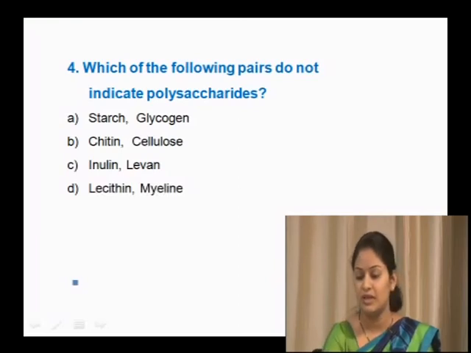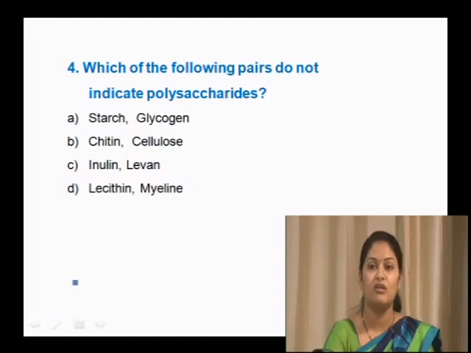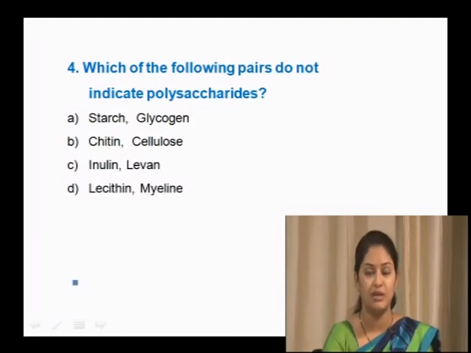Just remember, lecithin is found in soybean and egg, and is important in the working of memory associated with brain cells. So whenever a person has disorders of memory like dementia or Alzheimer's disease, they are administered lecithin.